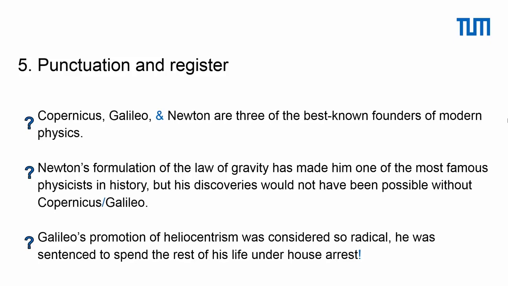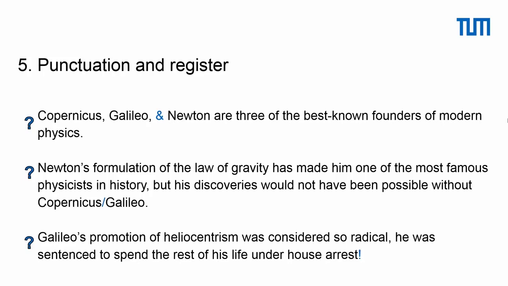The first one is called an ampersand. It means and. In the second one, there's a slash. And in the third one, there's an exclamation point. The issue here is register, which means how formal or informal your text is. If you're writing an academic text, then try to avoid symbols like these and abbreviations.